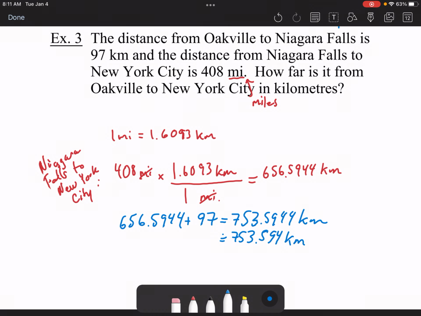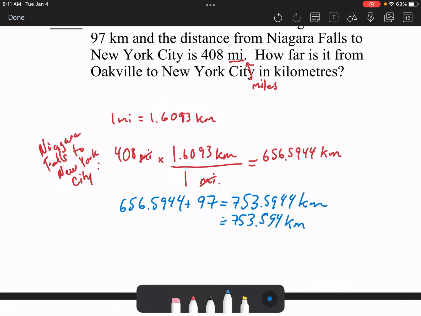So, again, word problem, we should answer with words.